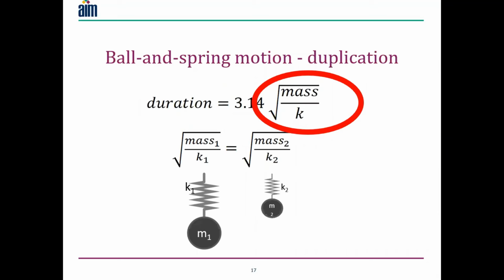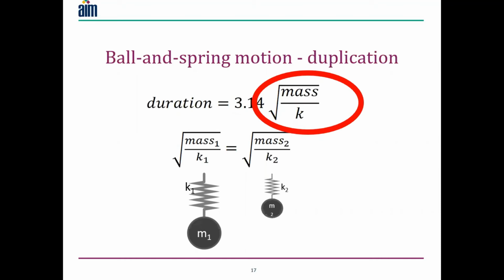So if we have a certain box that we model, and we can come up with another tiny little box that has a different mass and a different spring stiffness, but which has the same ratio of mass and spring stiffness as our box, then the time behavior would be absolutely identical to that of the big box.